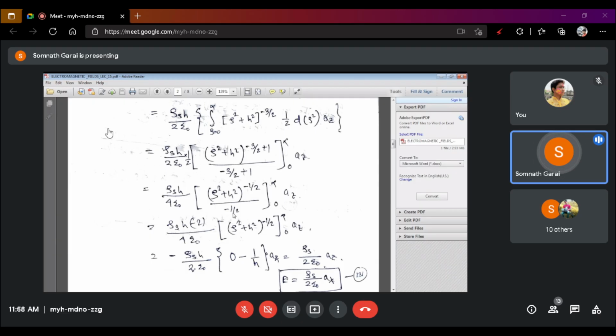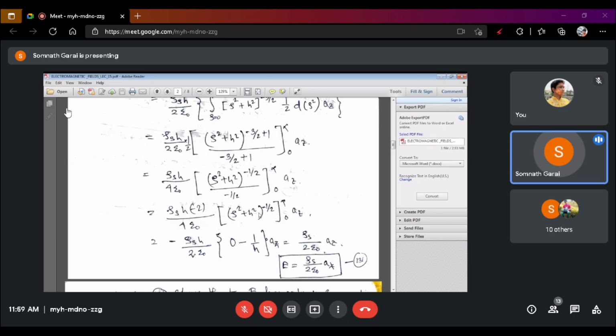So this minus half will be minus 2. So rho s h times minus 2 divided by 4 pi epsilon naught, (rho square plus h square) to the power half, upper limit infinity, lower limit 0.